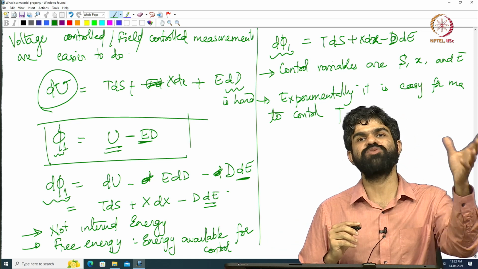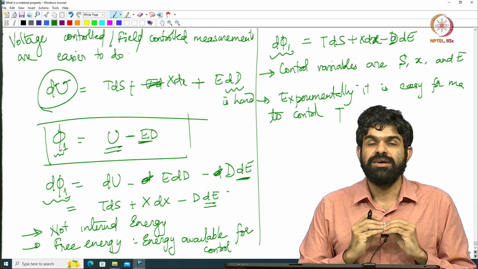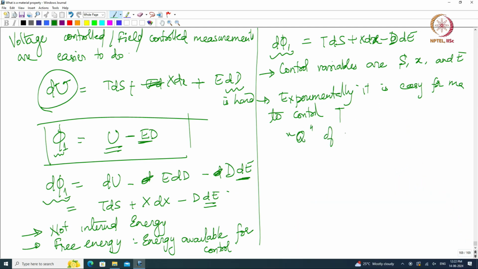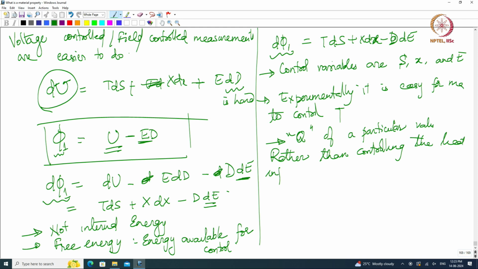So, I can apply temperature and put in heat, rather than controlling the heat input into the system, it is easier to control temperature and let heat be a consequence of temperature.